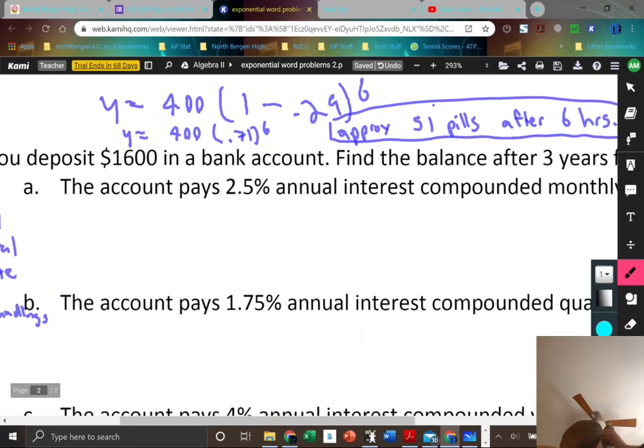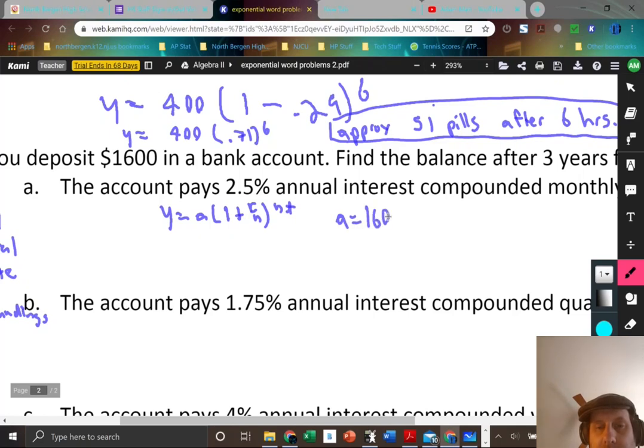So let's take a look. We'll say y equals, once again, a, parentheses, 1 plus r over n, to the nt power. A is $1,600 in the bank account. R is going to be 2.5% as a decimal, so I'm going to move that decimal two places to the left, 0.025.